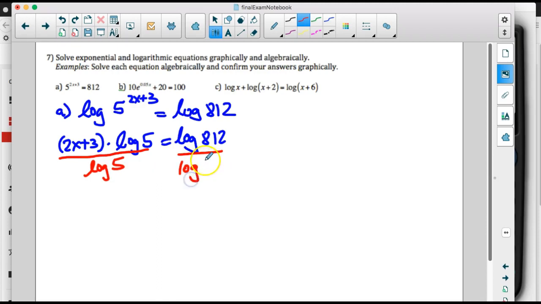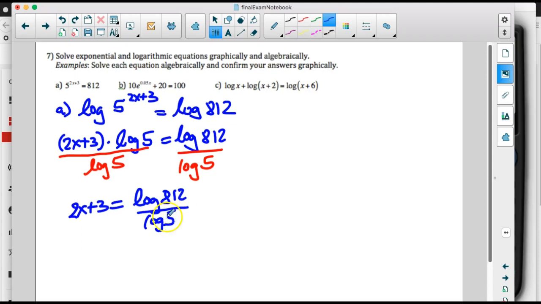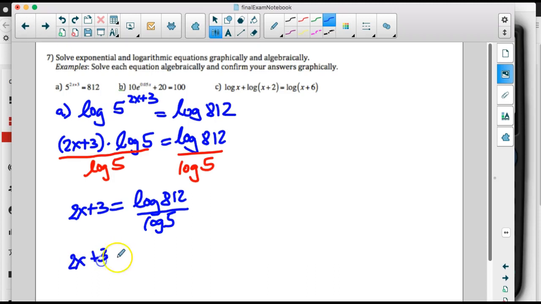log base 10 of the number 5. And in that case, we're going to get 2x plus 3 equals log 812 divided by log 5. Okay, and then what I would do is subtract 3 from both sides so that I get 2x equals log 812 divided by log 5 minus 3.